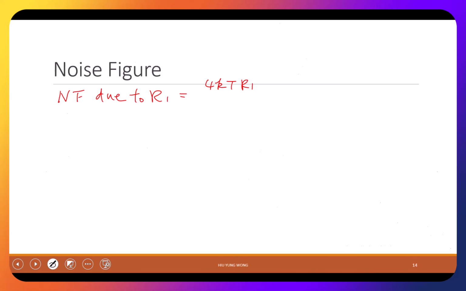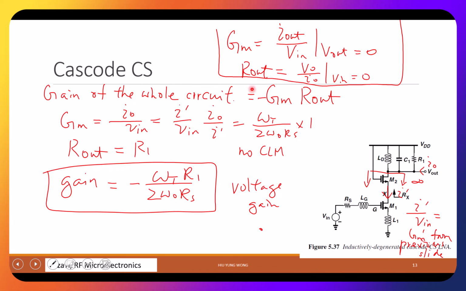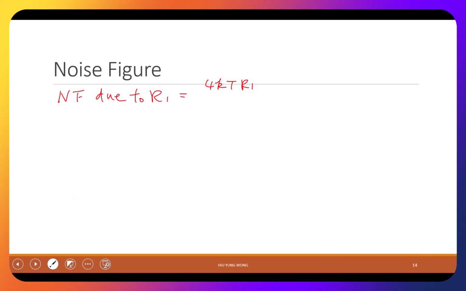The R1 has a noise, right? 4kTR1. And where does it go? Because the input impedance is 0, right? 4kTR1 is here, so you feel it at the output already. This is the voltage noise. You feel it at the output already, right? You don't need to do any transformation.